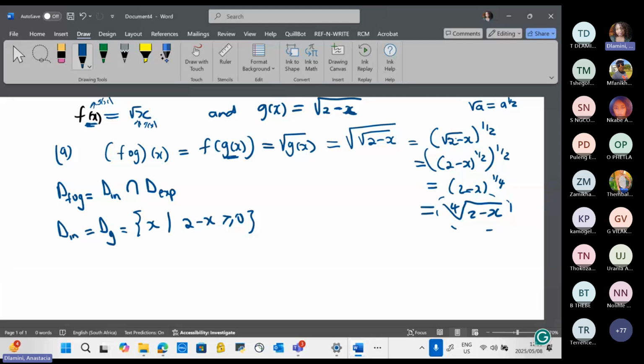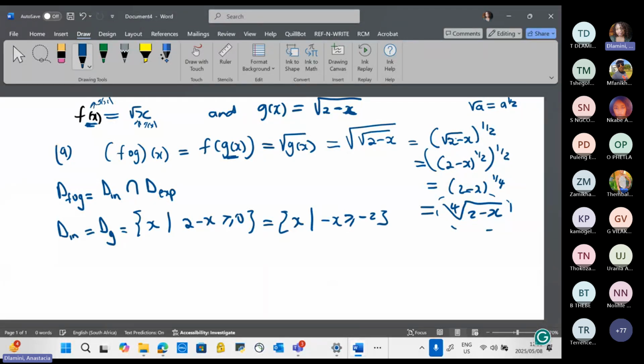In maths, when we say greater or equal to 0, we mean that it is equal to 0 and all the positive values. Since the square root of a negative number is undefined, everything under the square root should be greater or equal to 0. So let's simplify. We take 2 to the other side, so -x is greater or equal to -2.